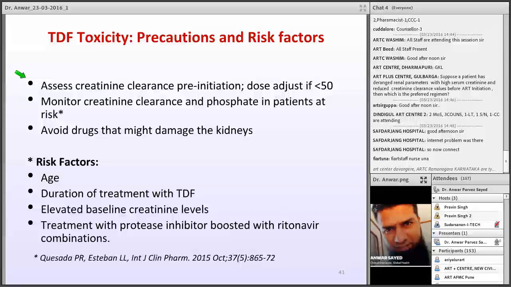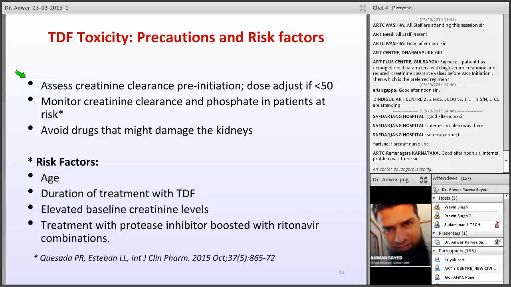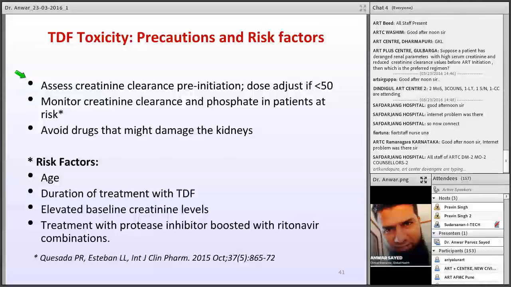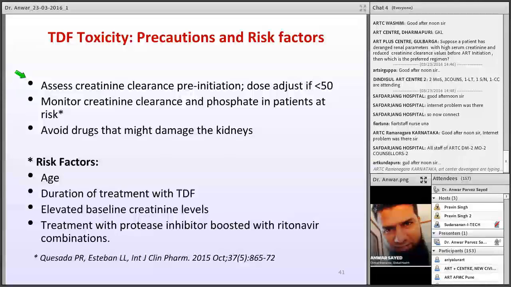And monitor creatinine clearance and phosphate in patients at risk. If the creatinine clearance is low pre-therapy, the dose of tenofovir also needs to be adjusted. And if that cannot be given, then it needs to be zidovudine or any other drug. Then avoid other drugs that might damage kidneys.